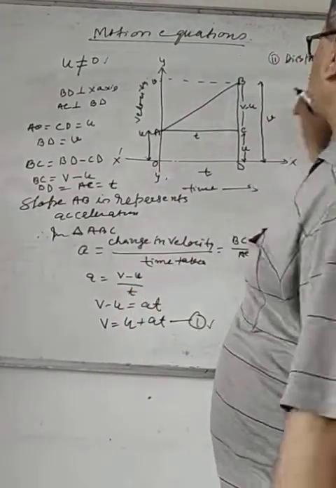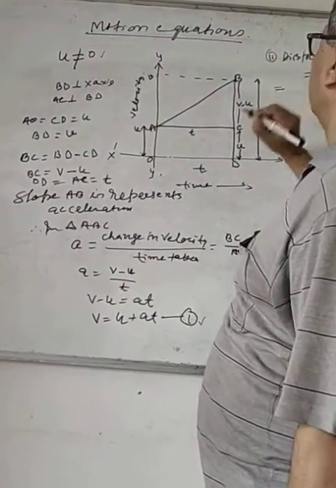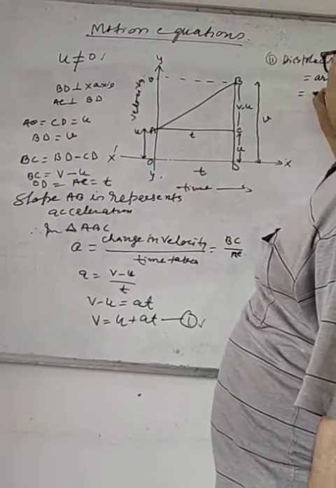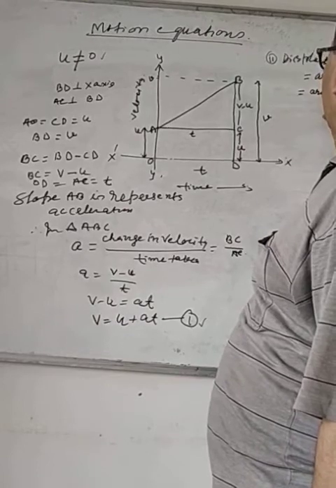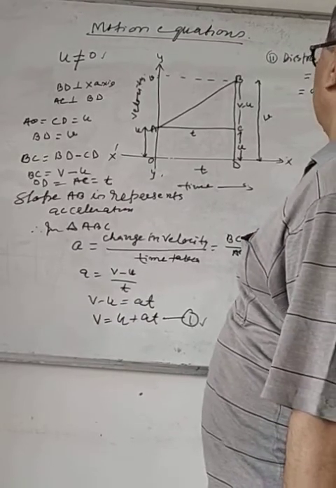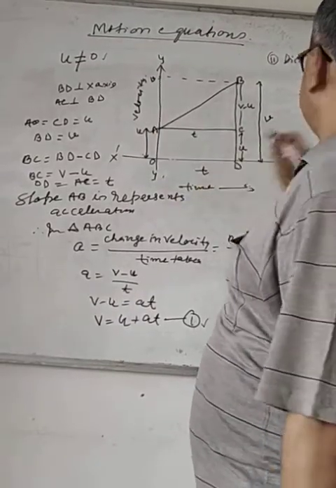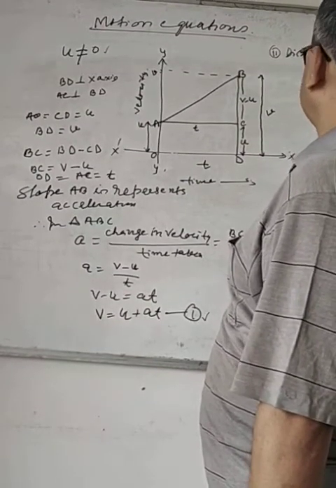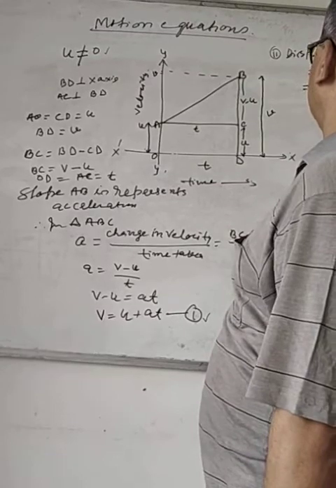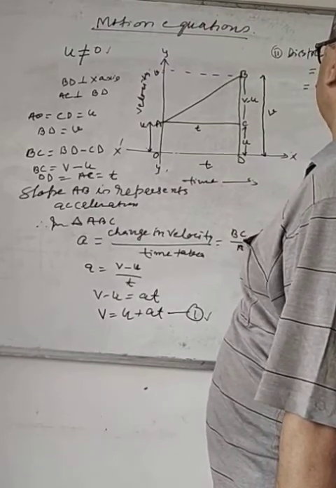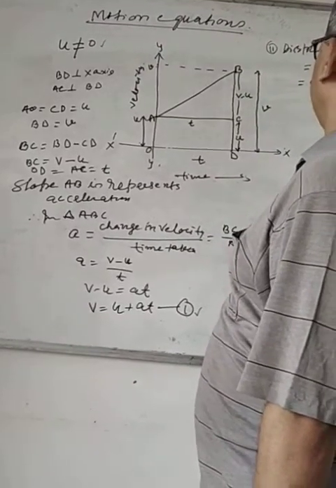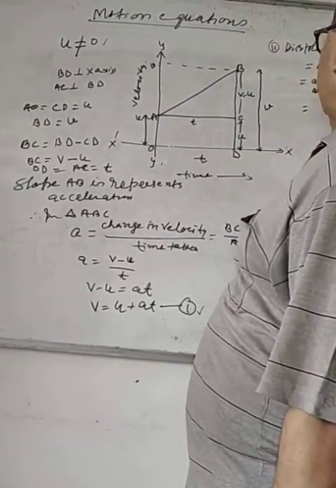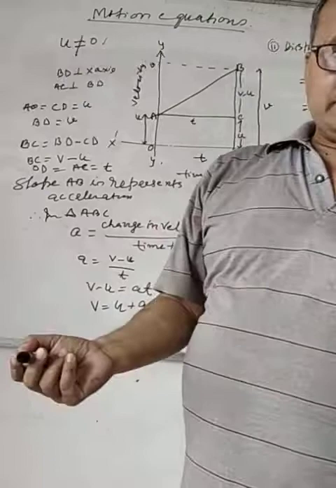That is also equal to the area of rectangle OACD plus area of triangle ABC. Area of a rectangle, that is length into breadth.